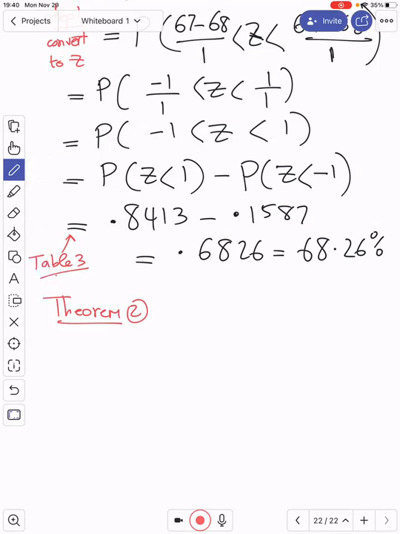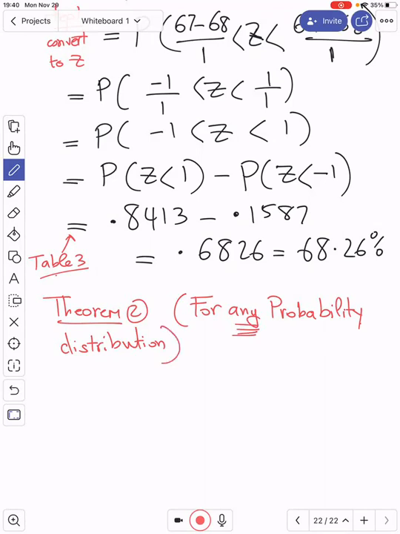Theorem 1 was for a normal distribution. This is for any distribution, any probability distribution. It doesn't have to be a normal distribution. That's why this theorem is very, very strong. It's not necessarily a normal distribution, it's for any probability distribution.